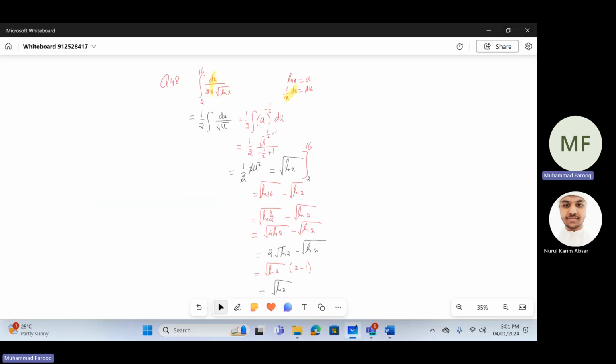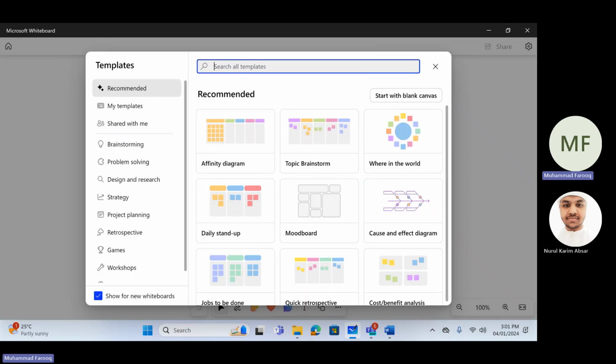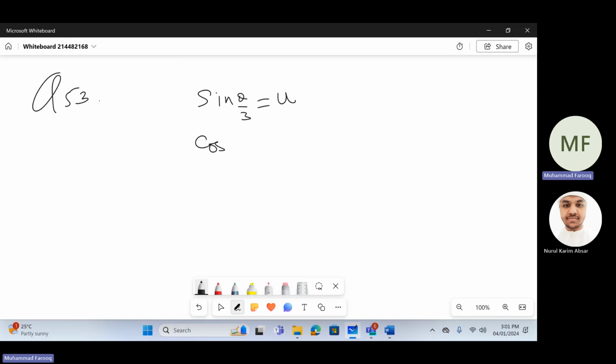So when you go for this substitution, take sine theta by 3 as u. So the differential is cosine theta by 3 times 1 by 3 d theta equal to du.